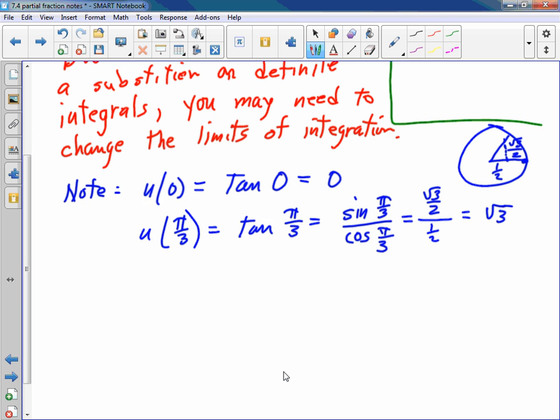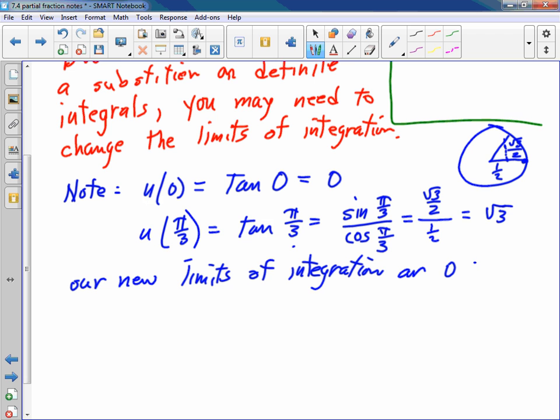So, our new limits of integration are 0 and square root of 3.